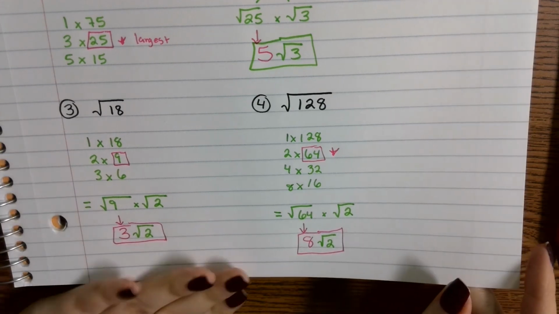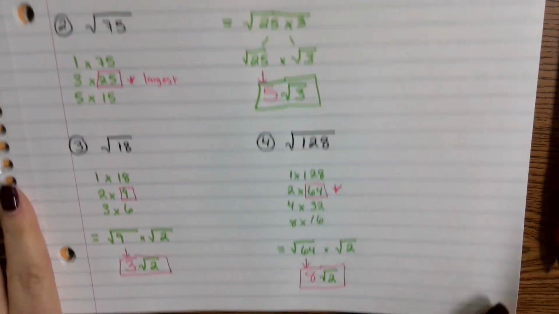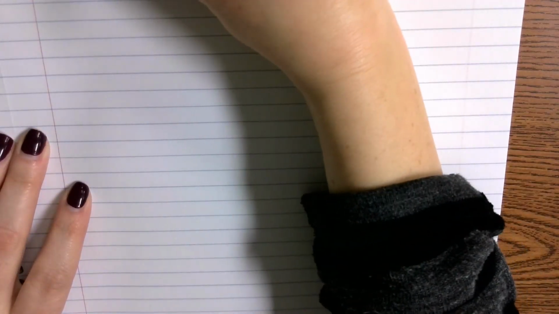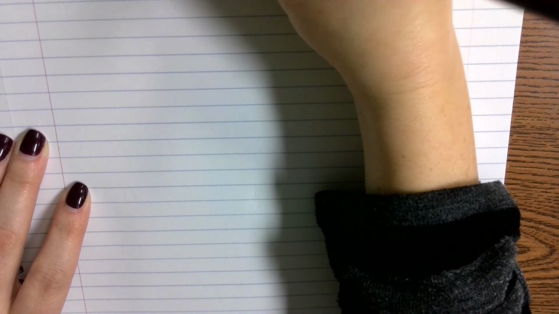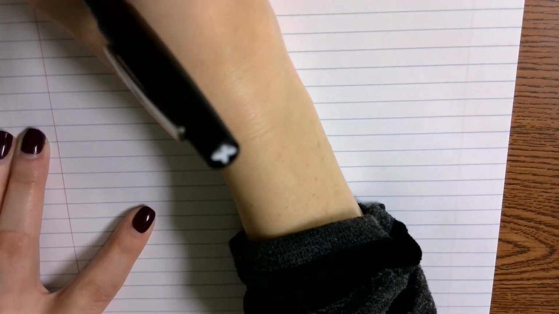So turn to page 5 of your notebook. Again, you're going to go ahead and simplify all of these.